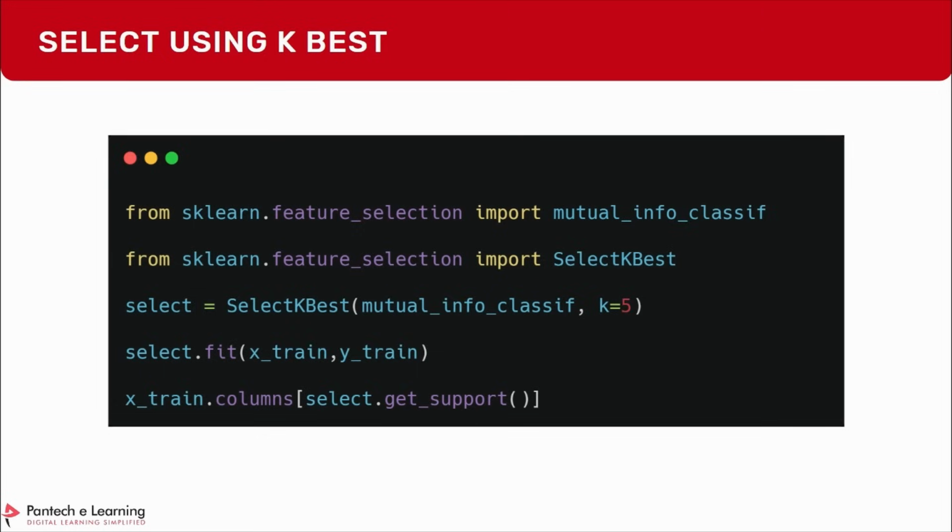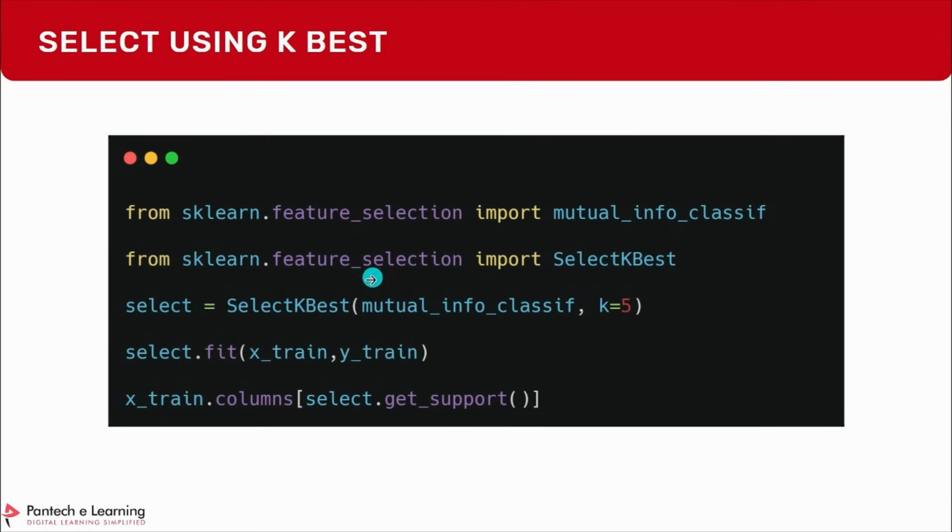To do that, you can take from sklearn.feature_selection, you can import select k best. See the capital and small letters there. You can create it directly without going with the mutual info classifier. You can create a selector equal to an object of select k best. The scoring function is going to be passed here.